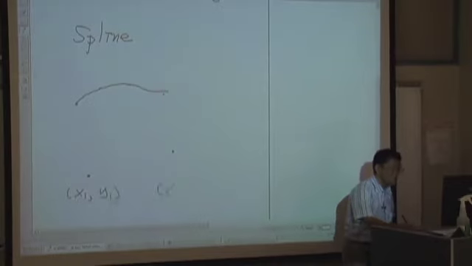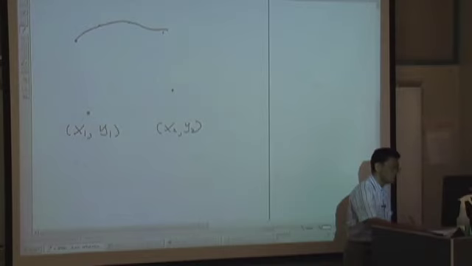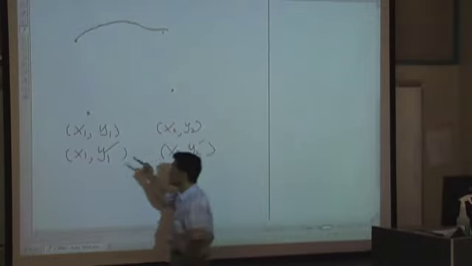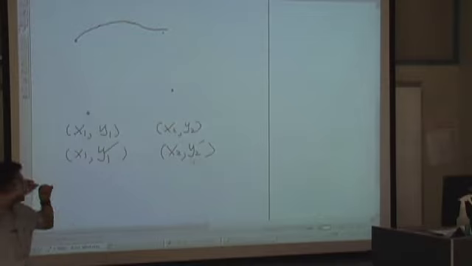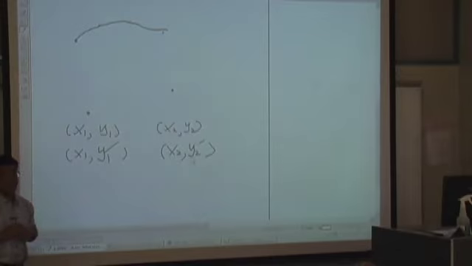We know the x2 point, the y2 position. We know the x1 position and the y1 slope. Slope number, right? The x2 position, the y2 slope number. In other words, instead of just connecting the position points, we are also using the slope.